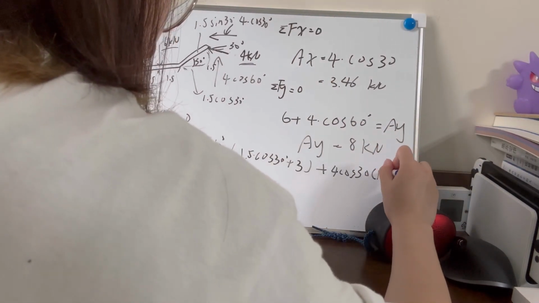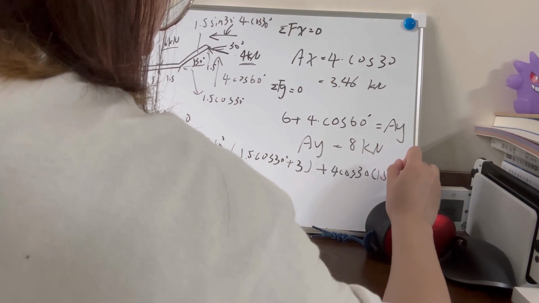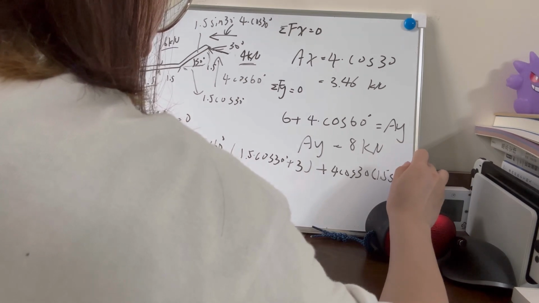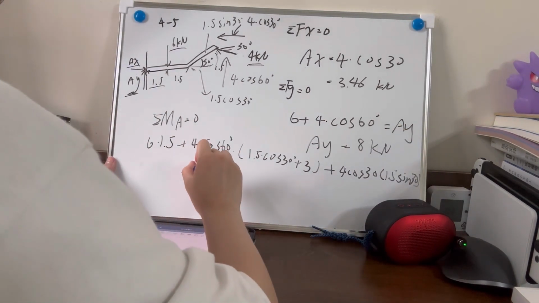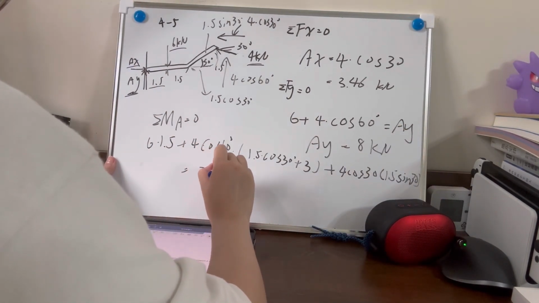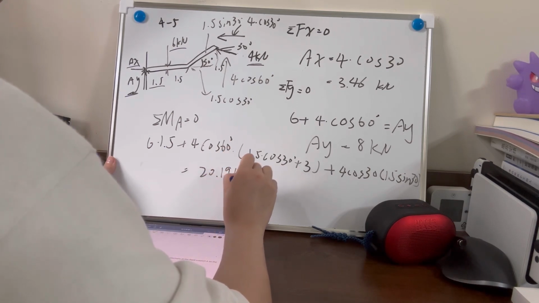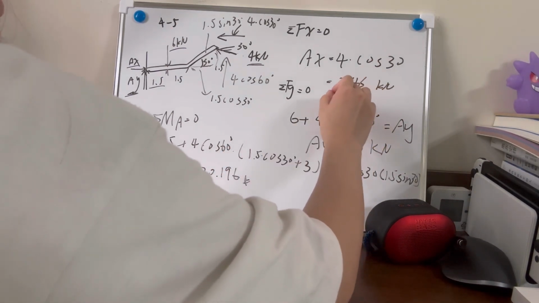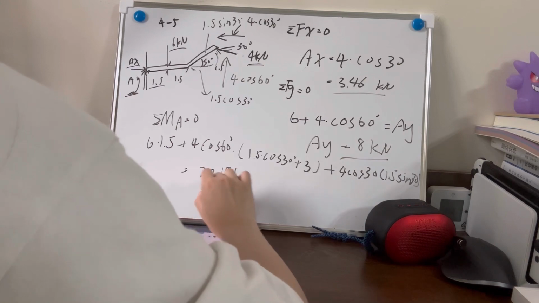So it's 0.5 sine 30, and the answer is this. So we know the Ax, Ay, and the moment at A.